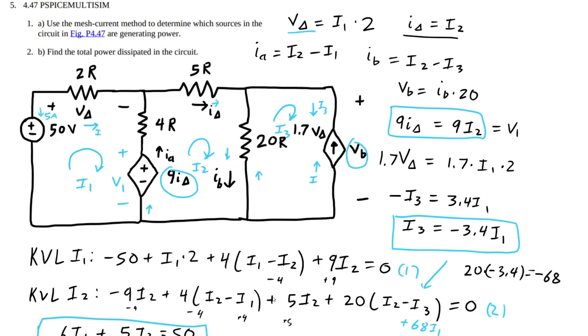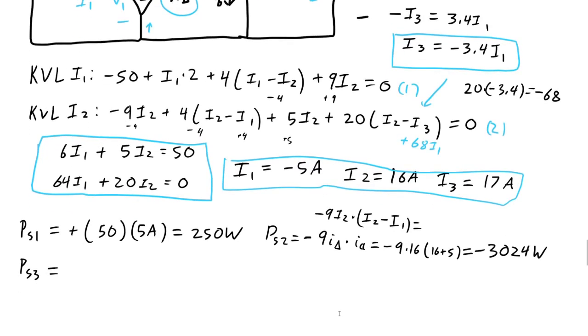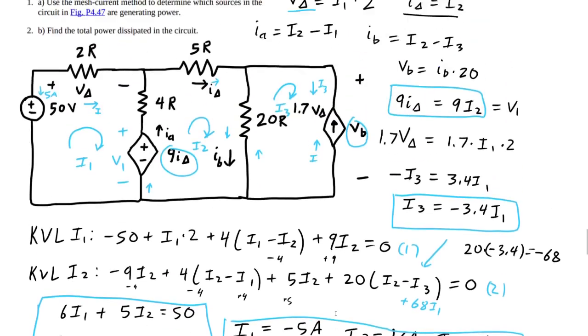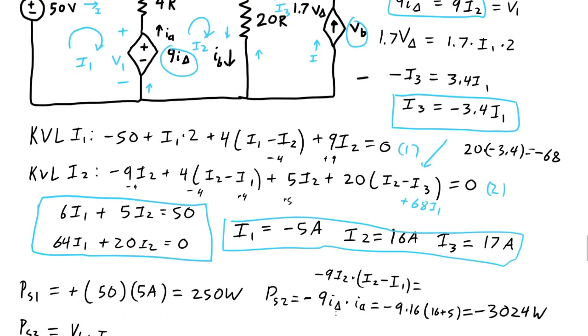So it's going to be, let's see. There's a decrease. So we can find VB times I3. And VB is, what is VB? IB times 20. So let's do 20.